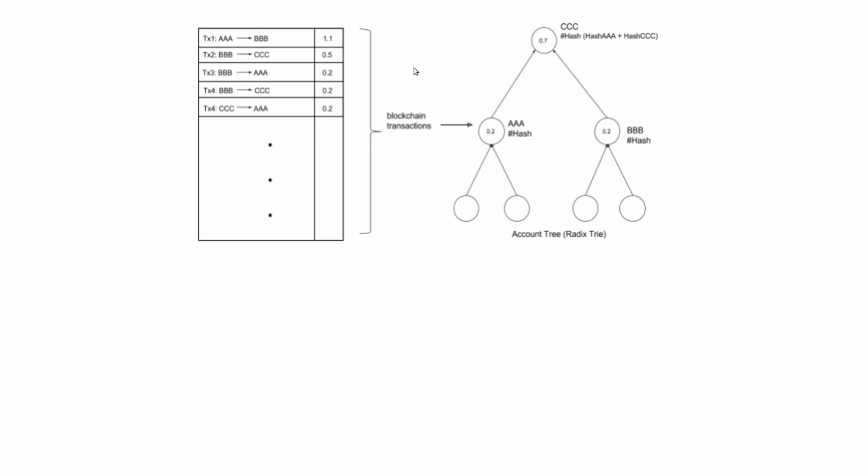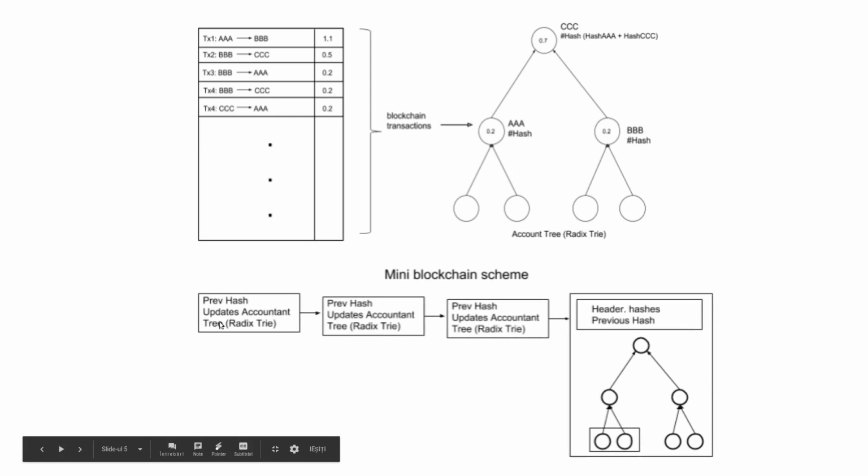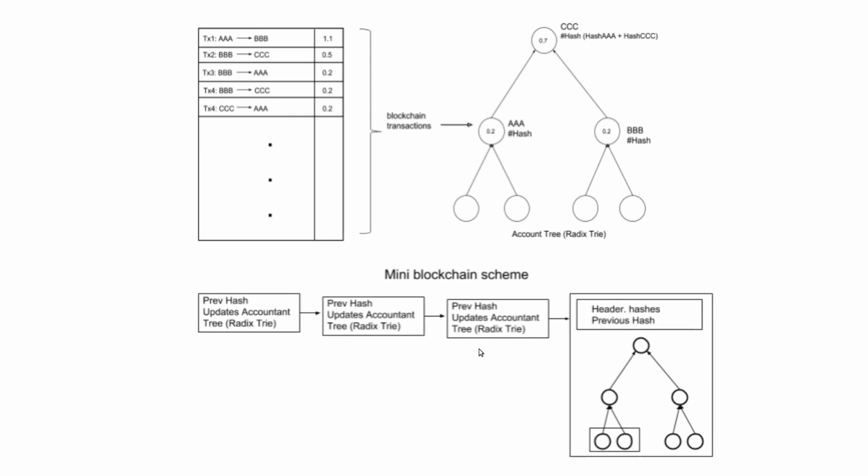You can download the other hashes of this account tree, and with just the logarithmic number of hashes, you can prove that B has that amount of funds, and he can prove that this is included in the blockchain. How? This is called the mini blockchain scheme. Those are blocks: block 1, block 2, block 3, and block n, and so on. And each block has one more piece of data, which is the hash of the Merkle tree of this radix tree.